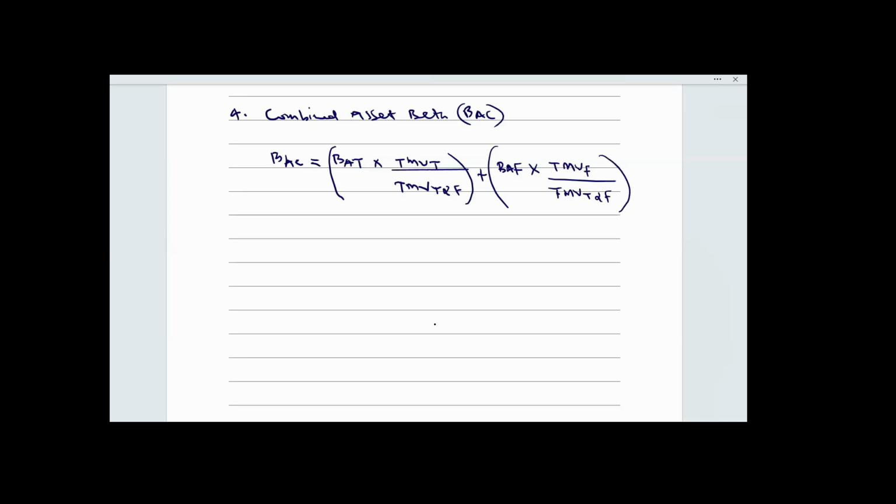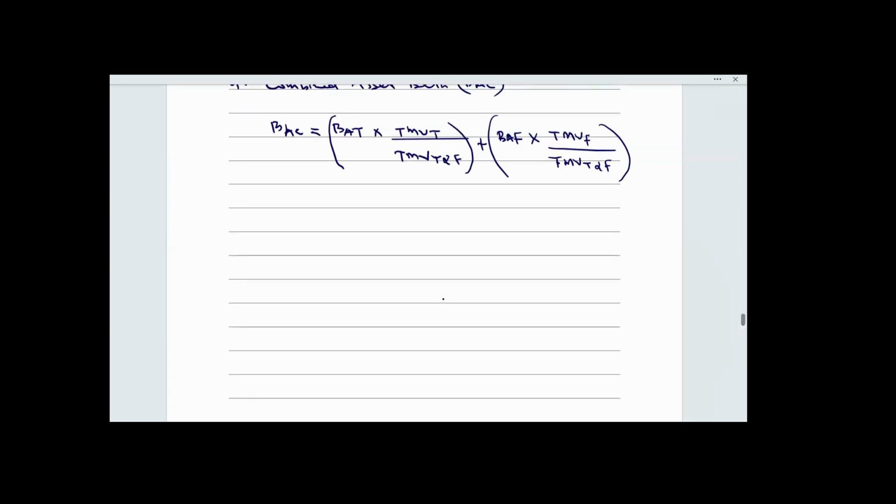Okay, so you can see in this one, I'm not using BA of 1 and BA of 2 because I already know the name of the activity. That's why I'm using T and F instead of 1 and 2. All right.